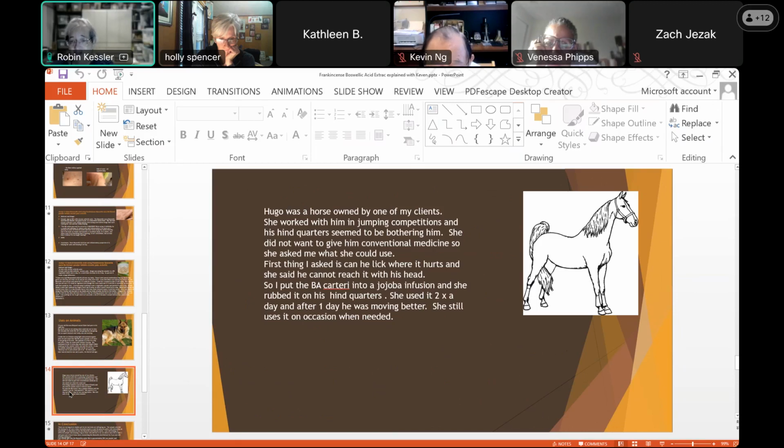And she said no. So she said she didn't want to give him any type of conventional medicine because it affects him to the point where he can't jump. So we put it in a balm, and we put it on his hindquarters, and she used it 2 times a day. And after 1 day, he was moving much better, and she's still using it now on occasion when he needs it.